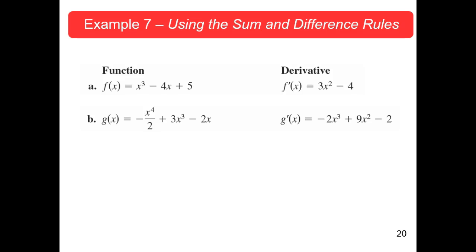Negative 2x cubed. Plus what? 3x cubed. What's its derivative? Exponent times coefficient. 9 what? 9x squared. Got it. Anything else? Minus 2. Perfect. Very good. You see that, everybody?